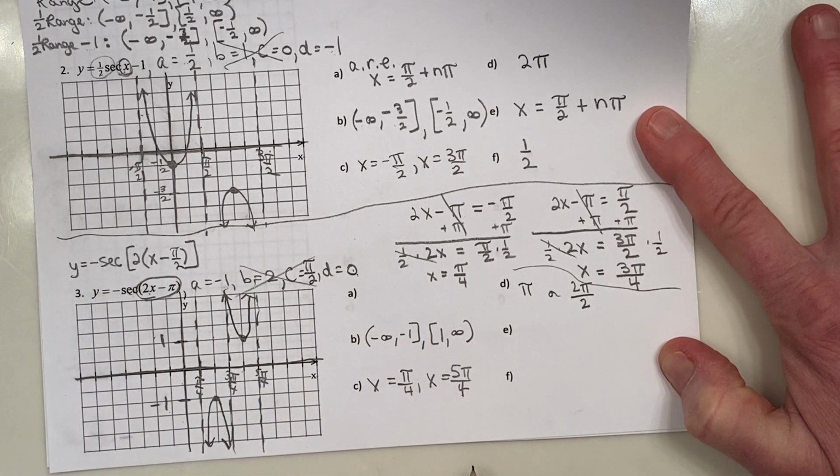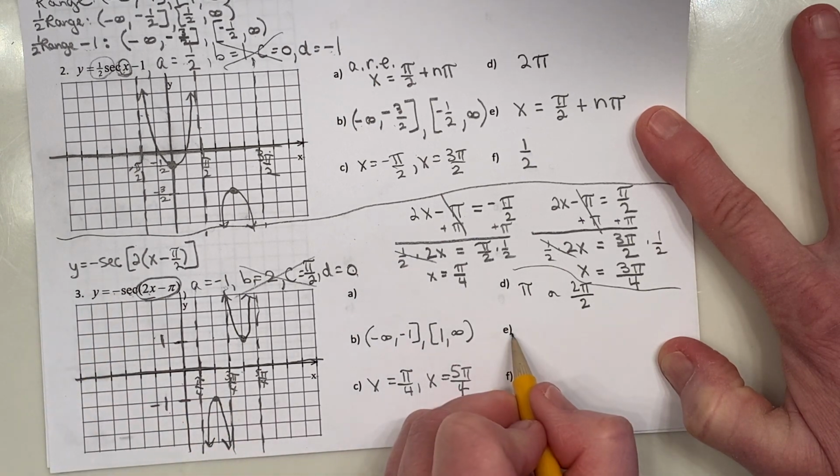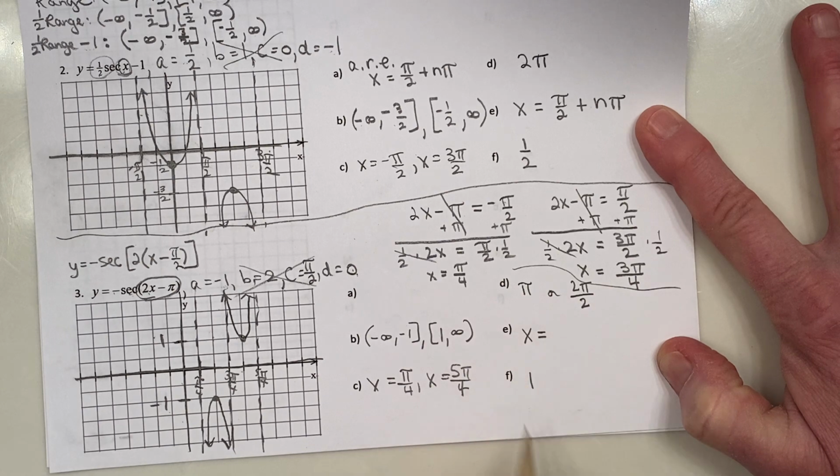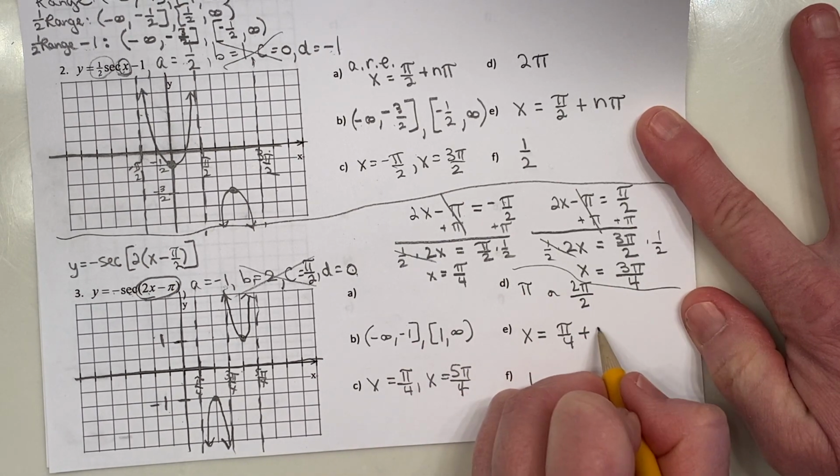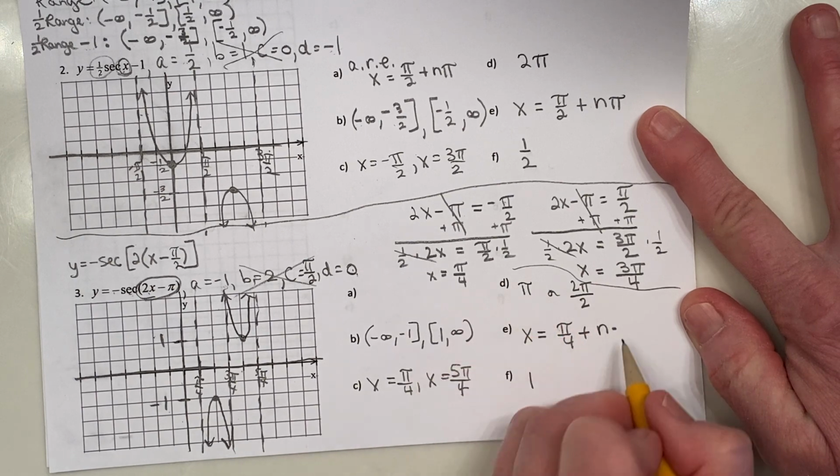The amplitude is 1, just 1, absolute value of A. And x equals, I'll start at pi over 4 plus n times half pi.